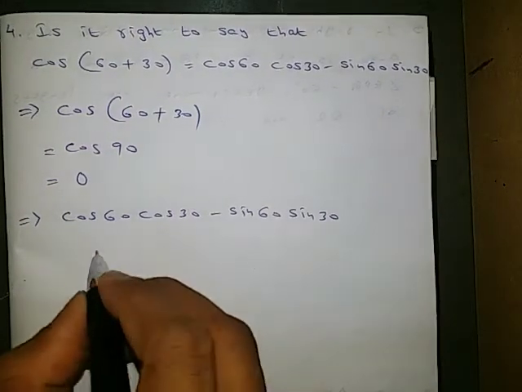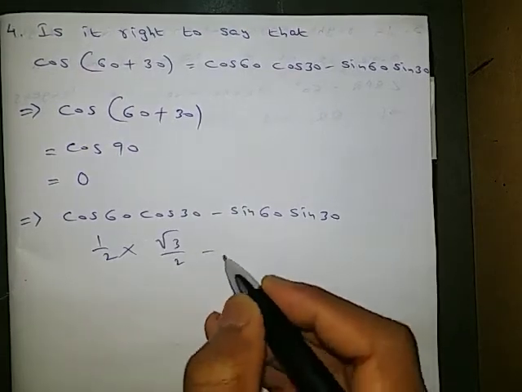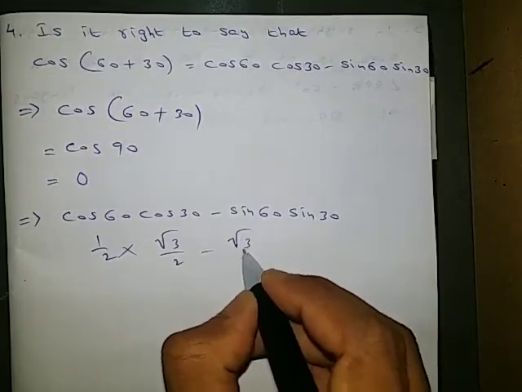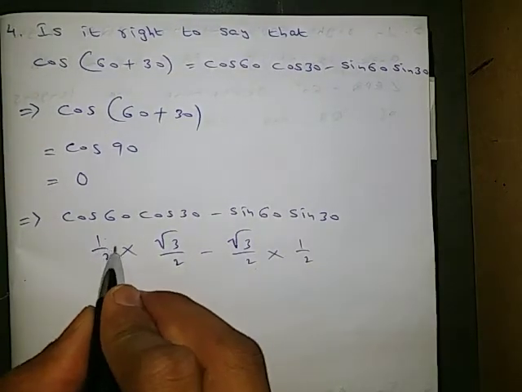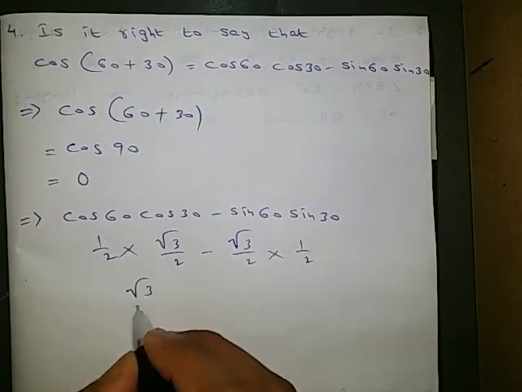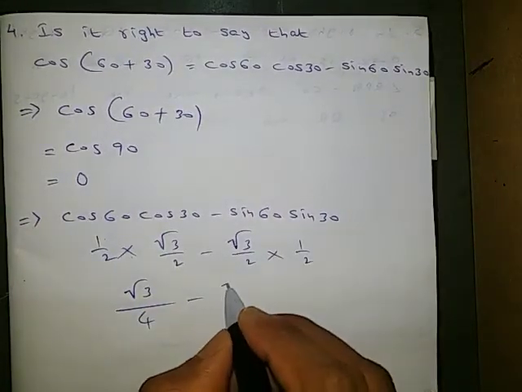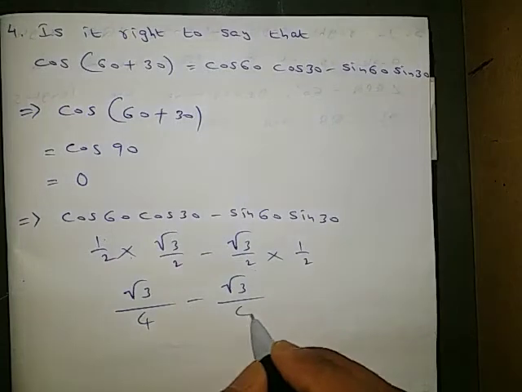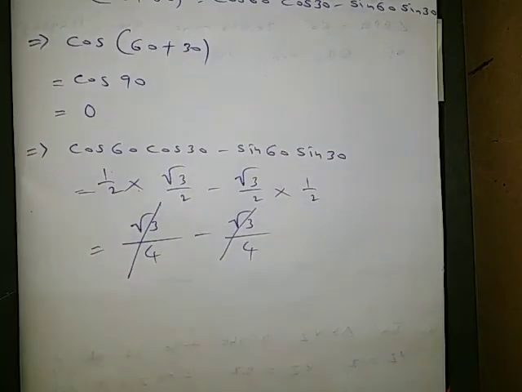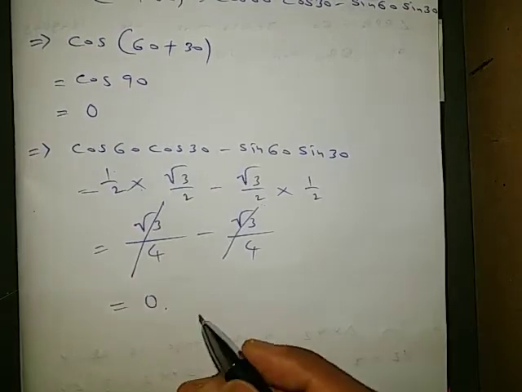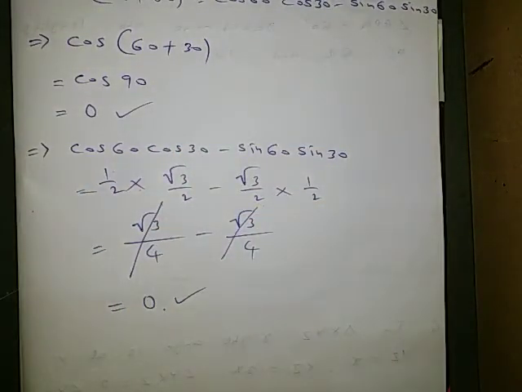Next, I will take the RHS, that is cos 60 cos 30 minus sin 60 sin 30. Cos 60 is 1 by 2 into cos 30 root 3 by 2, minus sin 60 root 3 by 2 into sin 30 1 by 2. 1 into root 3 is root 3 by 2 into 2, 4, minus root 3 into 1, root 3 by 2 into 2, 4. Root 3 by 4 minus root 3 by 4 will get cancelled, so we remain with 0. So here also these two answers are equal.